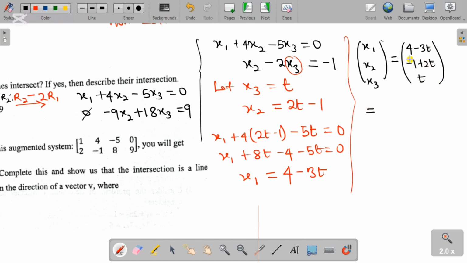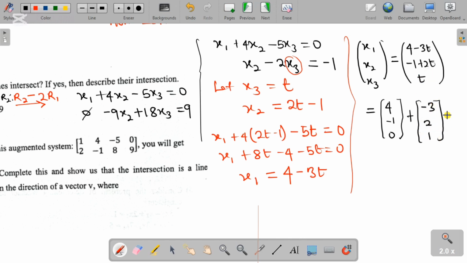From here we can split this into 2 vectors. The first vector will be the constants without t, so you have 4, minus 1. Remember I told you this is 0 plus t, so 0 will be here, and that is plus, on this side now, you just have minus 3t. I can put only the coefficients here: minus 3, then 2t I'll put the coefficient 2, and t I'll put the coefficient 1.